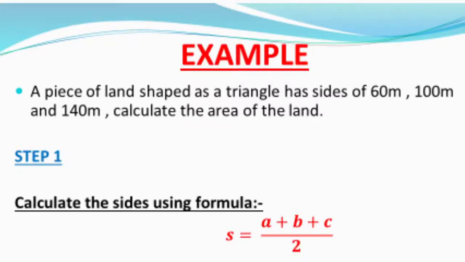The example said a piece of land shaped as a trapezium has sides of 60 meters, 100 meters and 140 meters. Calculate the area of the land. So we were given three sides, which are 60 meters, 100 meters and 140 meters.